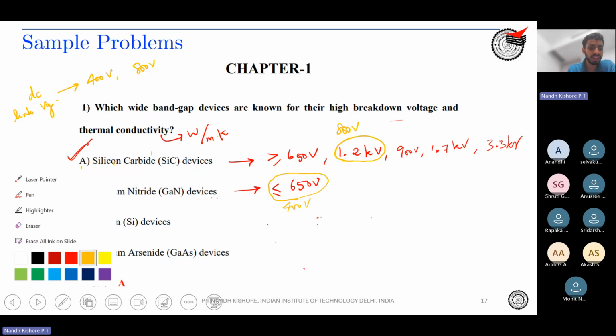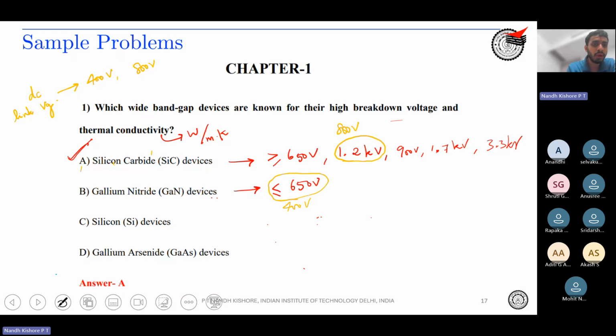Typically, 400 volts is used as DC link for single phase systems, and 800 volts is used as DC link for three phase systems. So SiC devices can be used for both single phase and three phase systems, whereas GaN can be used only for single phase systems.